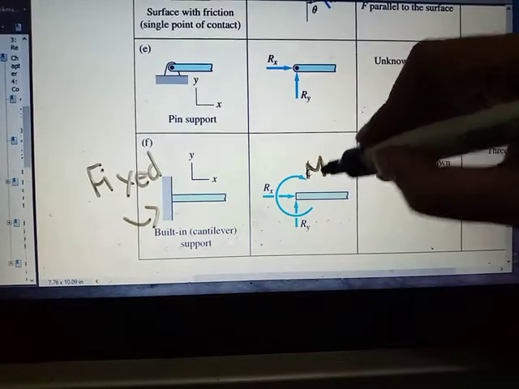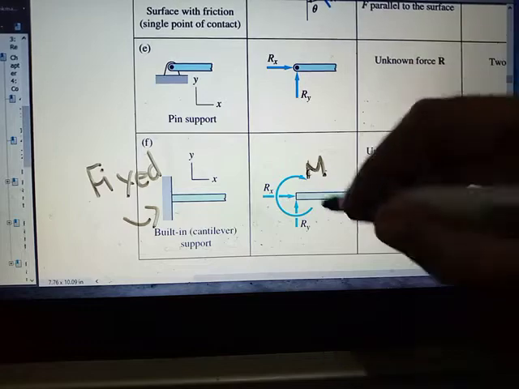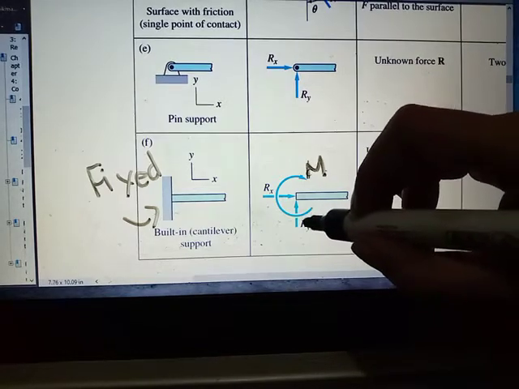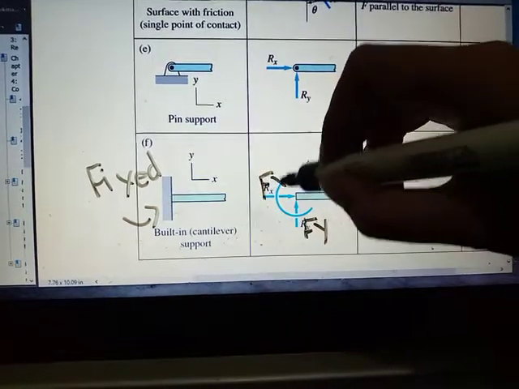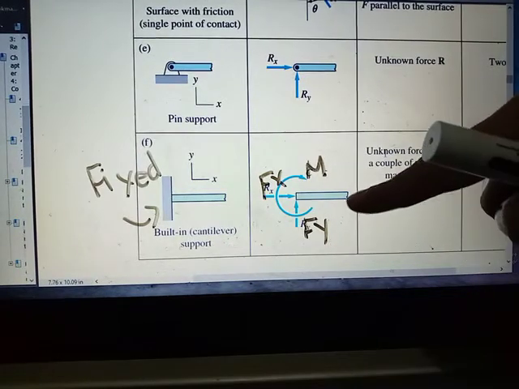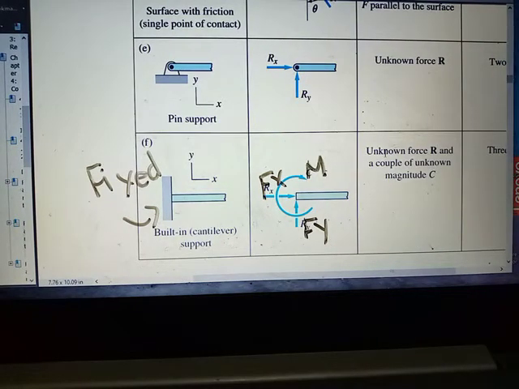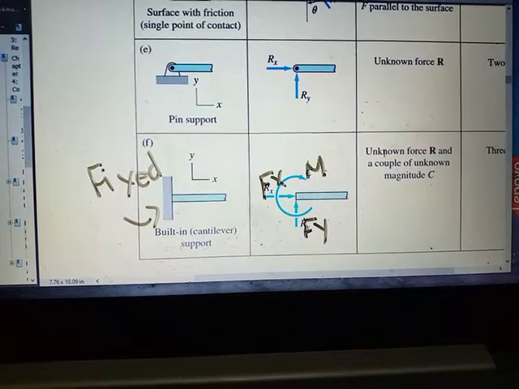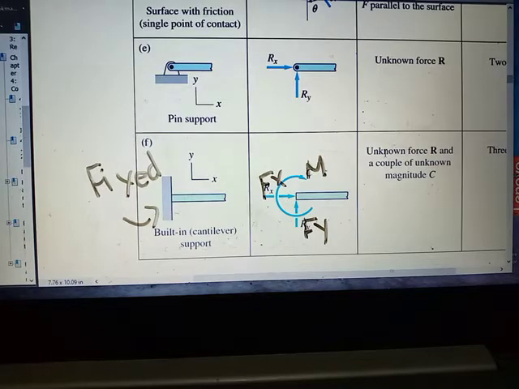Instead of C, we can use M, and instead of RY, we can use any forces, like FY and FX. It depends on you. So there are three reactions. Unlike the roller, rocker and frictionless surface with only one, and the pin and surface with friction with only two, the fixed or cantilever support has three. You have two forces and also a moment.